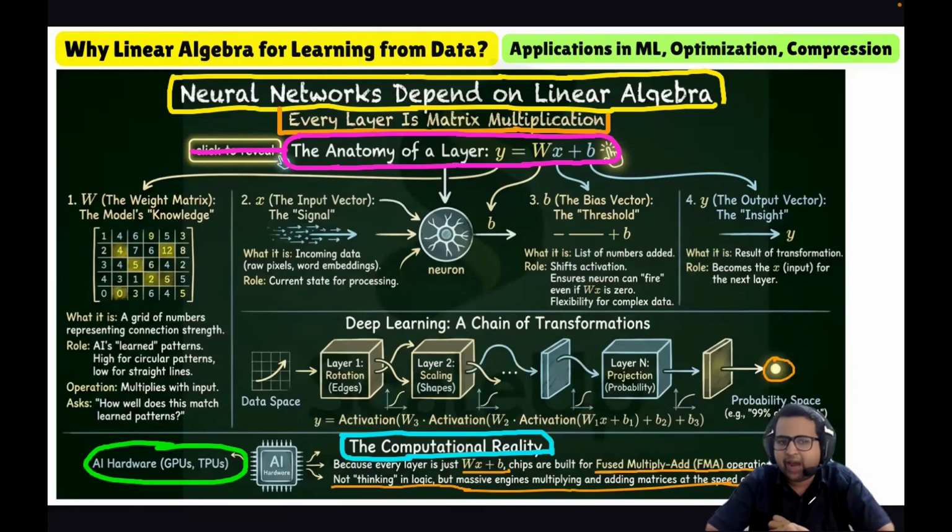The AI hardware, the GPUs by NVIDIA, the TPUs by Google, are built for FMA operations, fused multiply-add operations. They don't think in logic, but they just multiply and add matrices at the speed of electricity. So that is the computational reality.